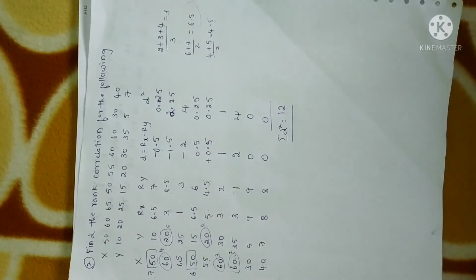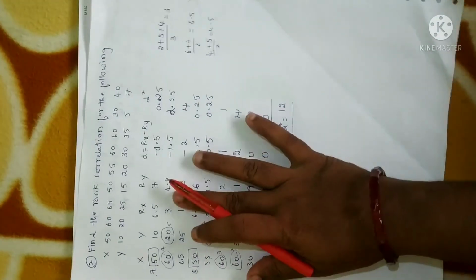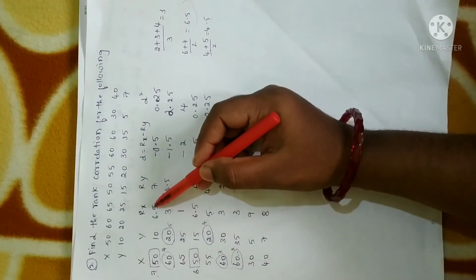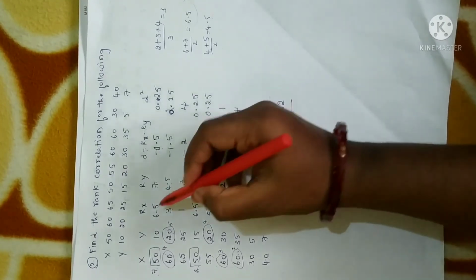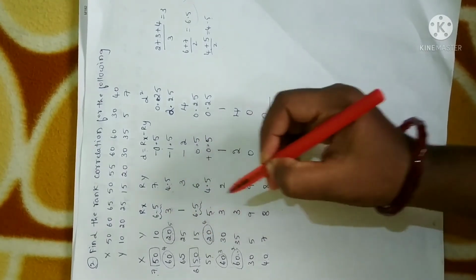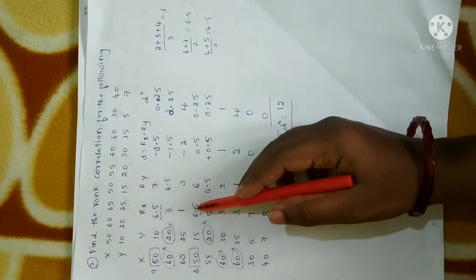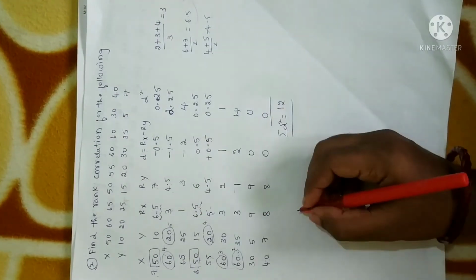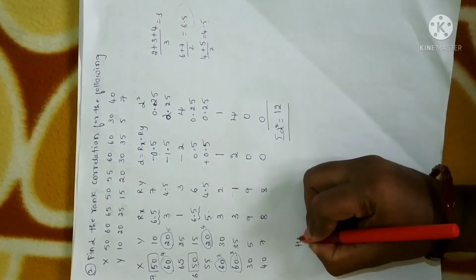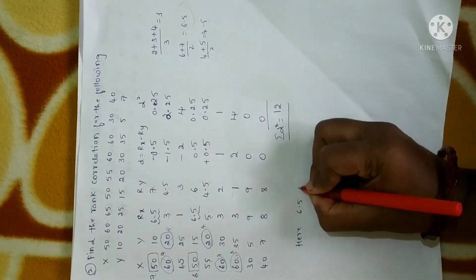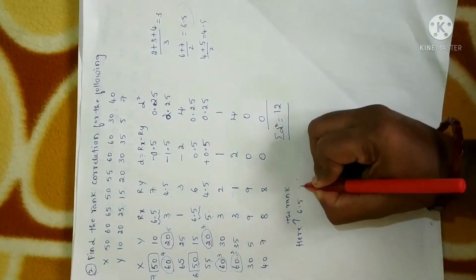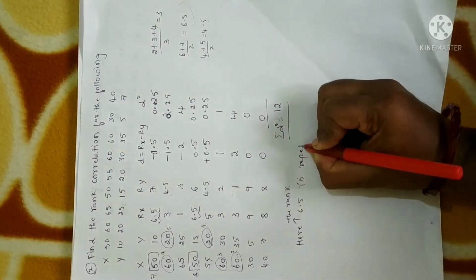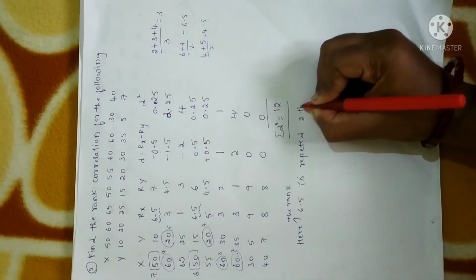Fine. Now let me write the statement. Look at the column Rx. You have to search for repeated ranks in Rx. How many ranks are repeated? 1, 2. So 6.5 is repeated 2 times. Let me write here, the rank 6.5 is repeated 2 times.